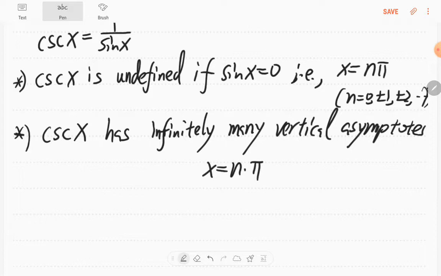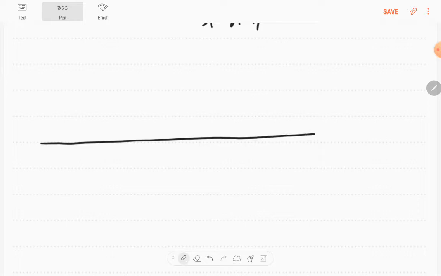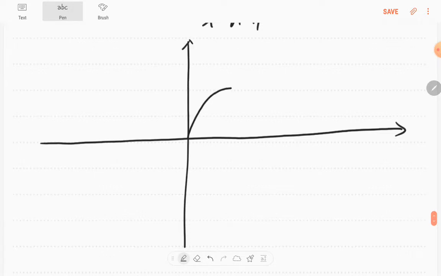So if you draw the graph of cosecant, we always draw the graph for the sine first, because it's 1 over sine, right? So let's draw the graph for sine first.